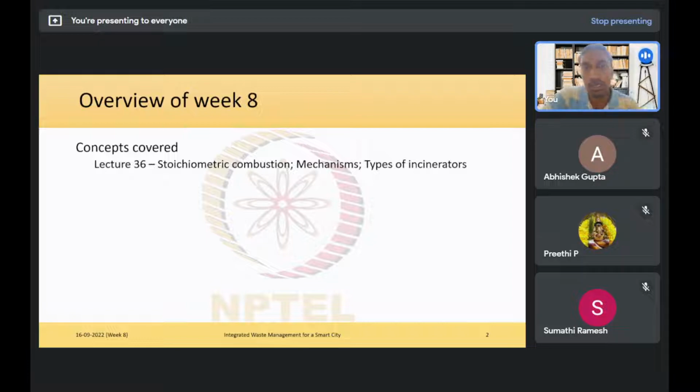Then we looked at the mechanisms or the different phases present in a combustion process, that is, the different processes that take place when we combust the organic solid waste. And then we looked at the different types of incineration, fixed hearth incinerators and also rotary kiln incinerators.